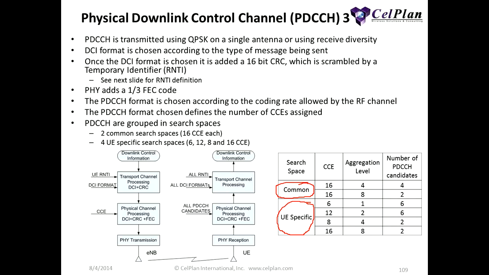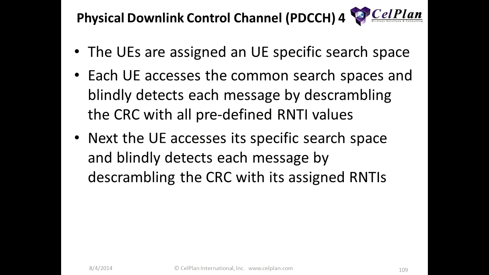And then when a UE is expecting something that is not a broadcast, we make a second group that is smaller that will have the UE specific messages. So the 3GPP specifies several aggregation levels that allow you to divide the number of CCEs in search spaces to minimize the blind decoding effort.